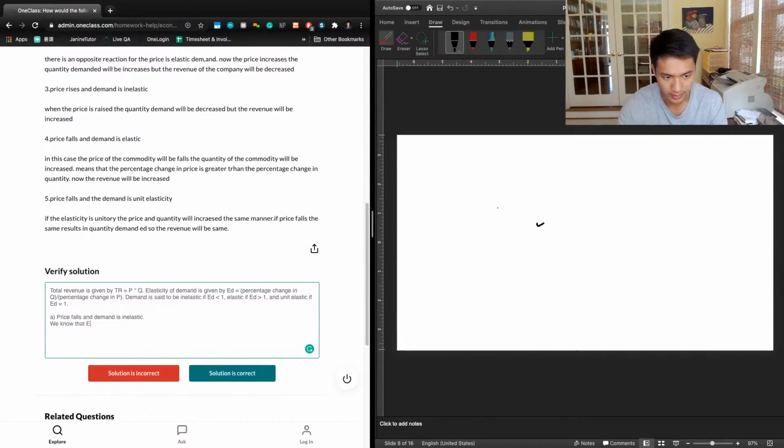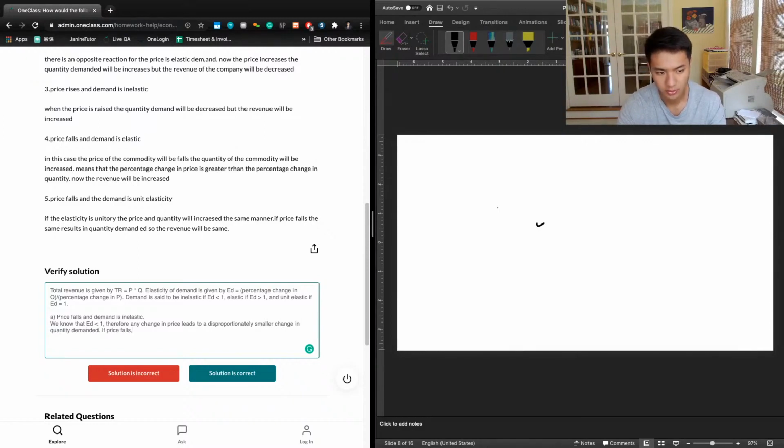We know that ED is less than 1, therefore any change in price leads to a disproportionately smaller change in quantity demanded.